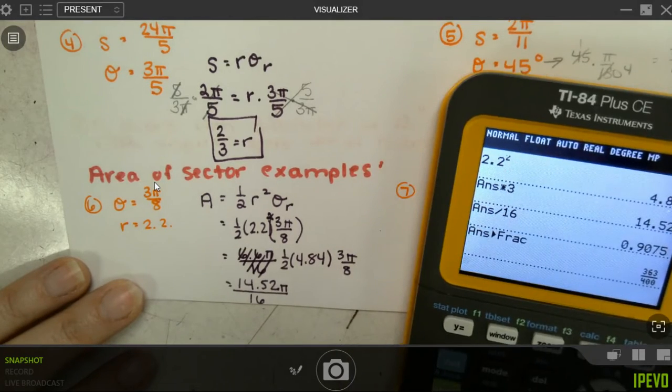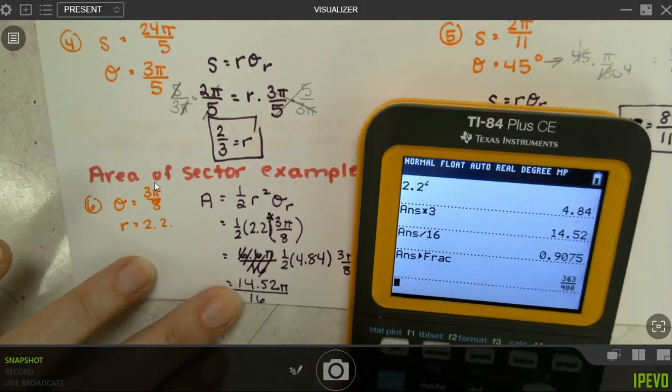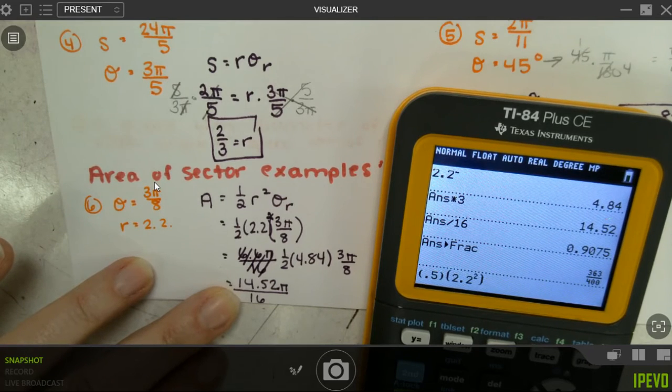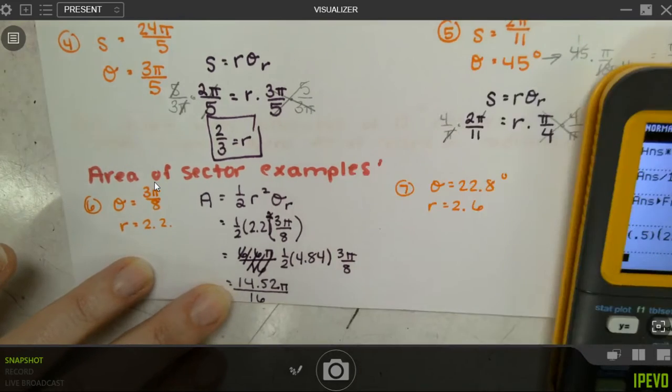And did I forget the half? Let's see. 1/2 times 2.2 squared times 3. Oh, I think I forgot the 3. Yes, this is 7.26.